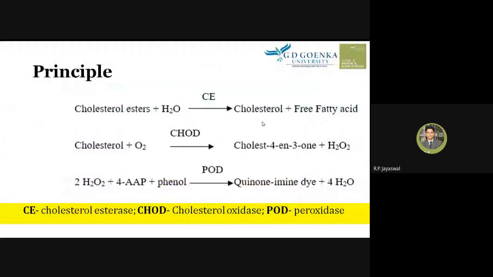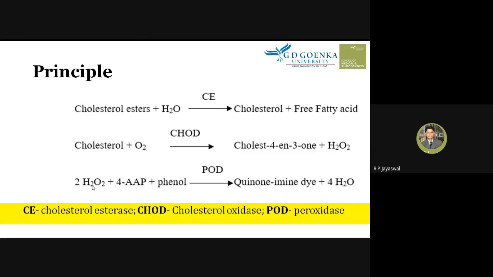The second reaction, what we have studied, is that in the presence of cholesterol oxidase, cholesterol is oxidized to cholest-4-en-3-one and hydrogen peroxide. This hydrogen peroxide from the second reaction will be used in the third reaction.